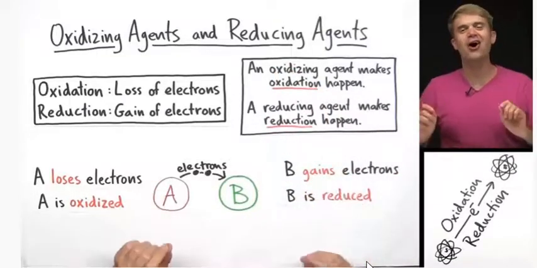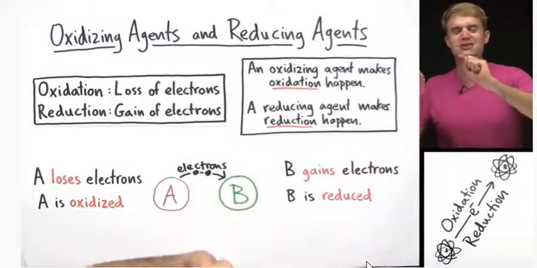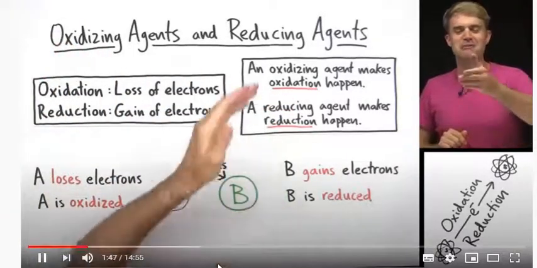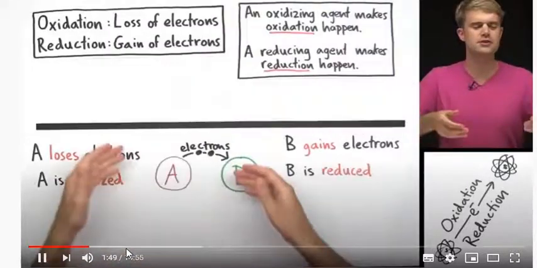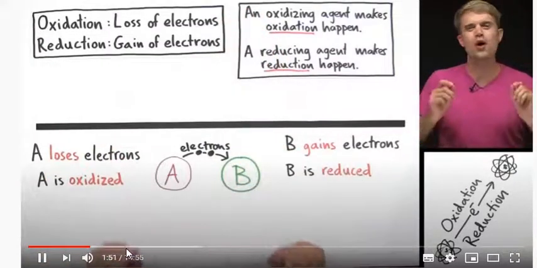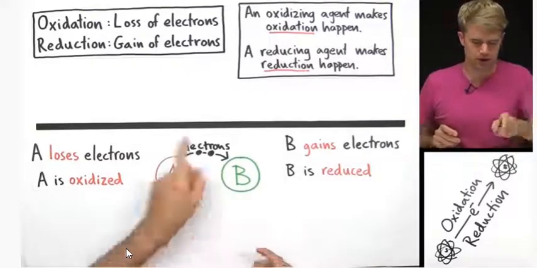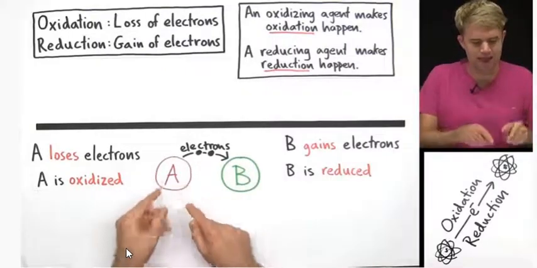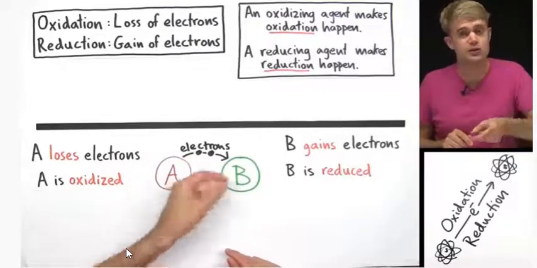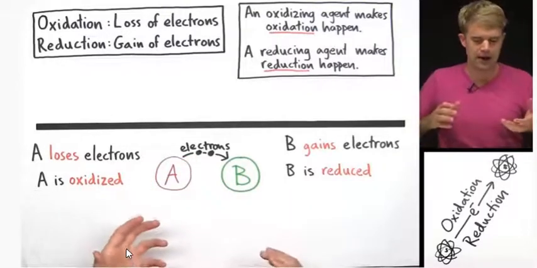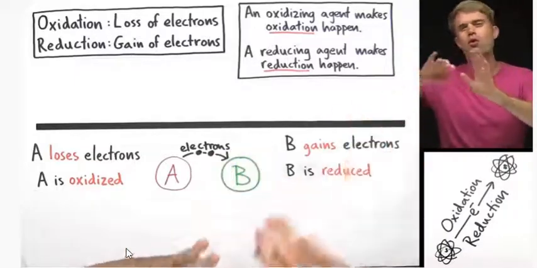Let's talk about what something would have to do to make oxidation happen. Take a look at this diagram. Here A is being oxidized, it's losing these electrons. But it's important to remember that atoms can't just throw away electrons.